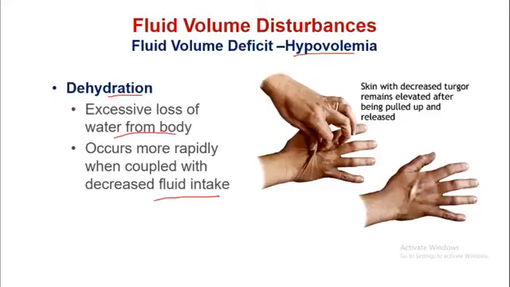So how will you find out whether dehydration is present in someone or not? Skin with decreased turgor remains elevated after being pulled up and released. If you find this type of skin fold after it is pulled and released, then dehydration or a hypovolemic condition is present. Normally, try to elevate a fold of your skin and just release.